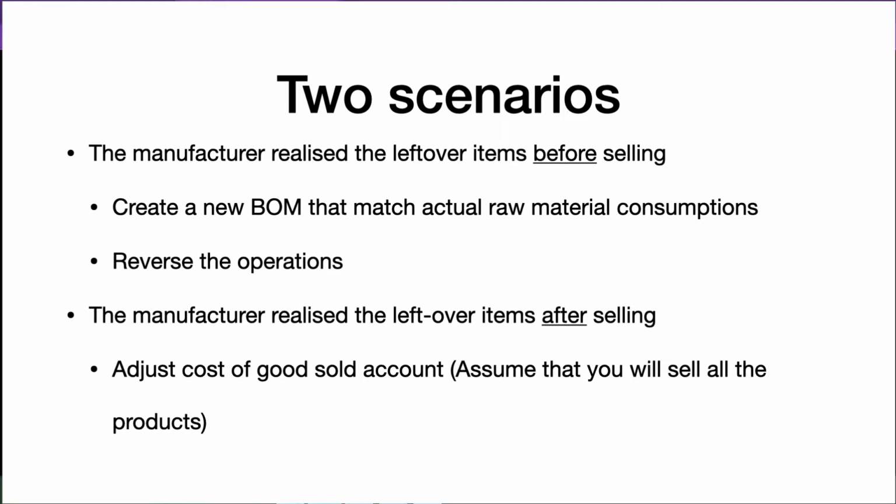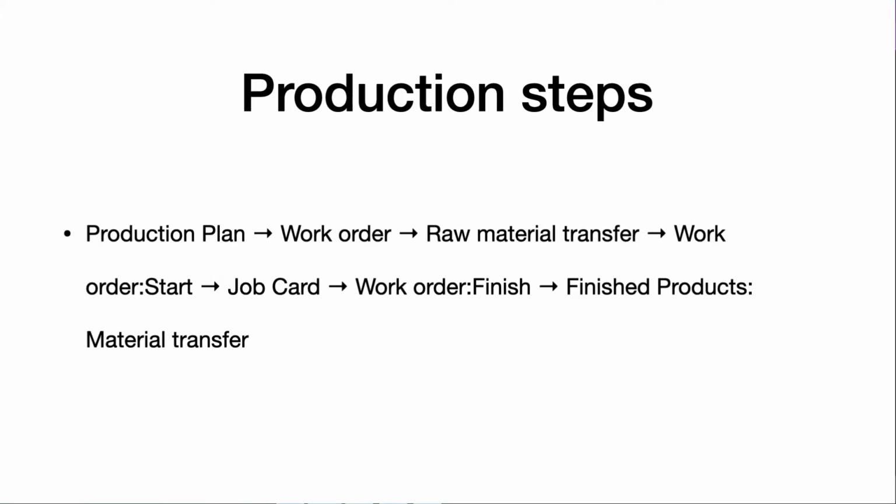So you create a new BOM with 8 and then you reverse the operation. You cancel the material transfer, and it changes to not finished, then you cancel the job card, cancel the raw material transfer to work in progress, then cancel the work order and production plan, and do the new one with the new BOM.